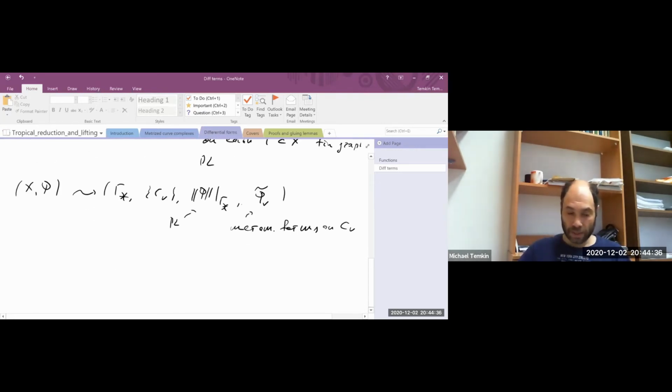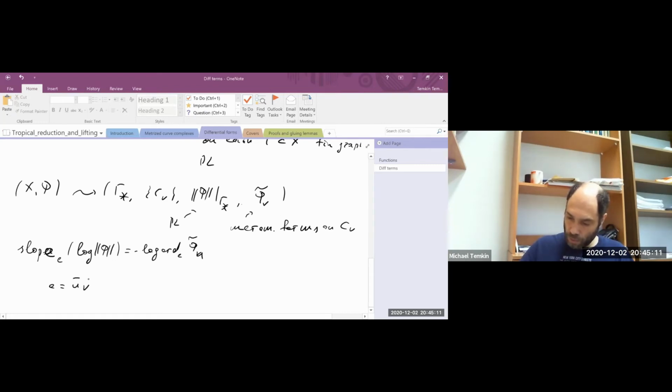Okay, we must satisfy some compatibilities. Compatibilities also are natural. So the slope of log |φ| is minus the log order at e of φ̃_u, for any e from u to v.